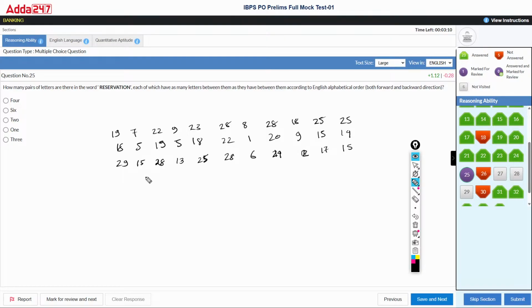No 28, no. 13, no. 25, no. 28. 25, no. 6, no. 24, no. 12, no. 17, no. 7, no. 19, no. 22, no. 9, no. 23, no. 28, 18, no. 25. So 4.